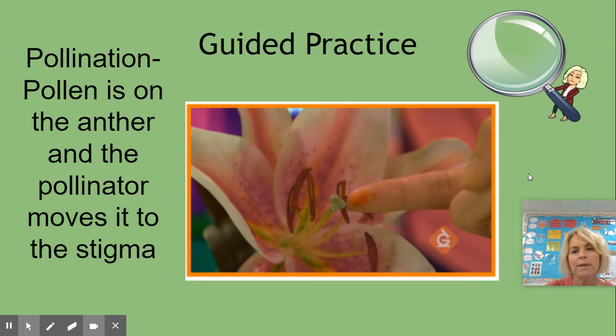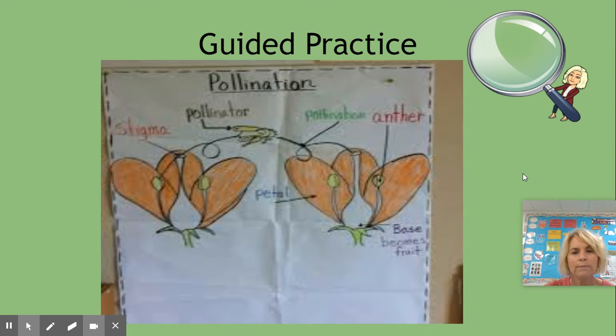And here's another picture so we can see it as well. The anther and then the stigma, and this is a pollinator, this is a grasshopper, and they're just moving the pollen from the anther to the stigma and from one flower to another. And that's what we call a pollinator. And this is the process of pollination.